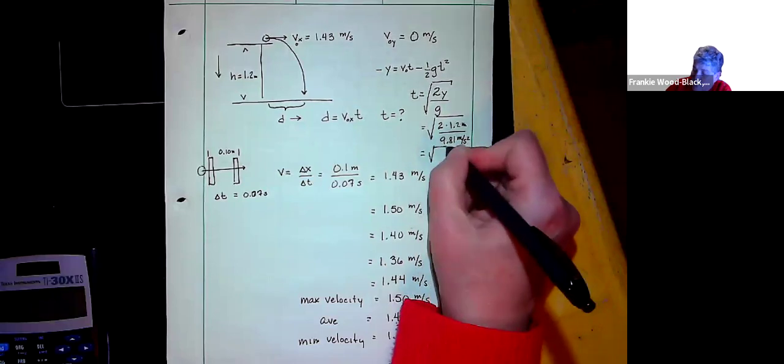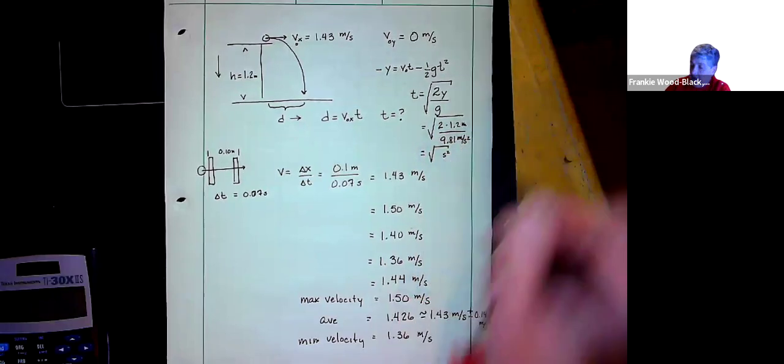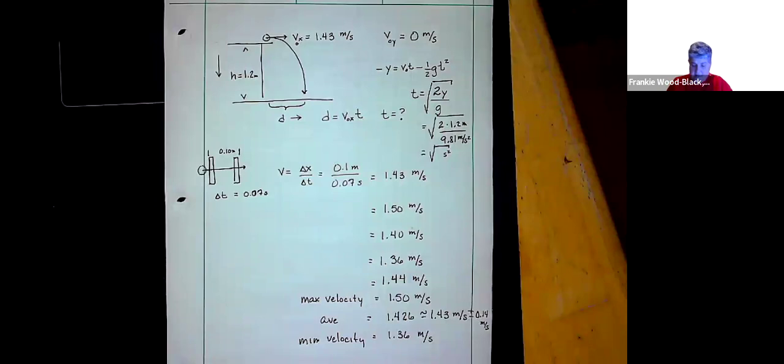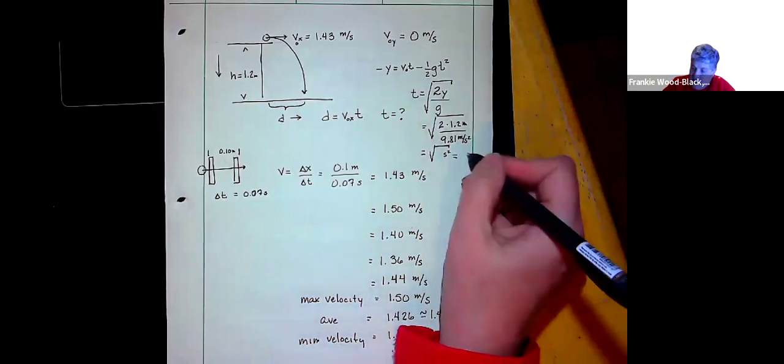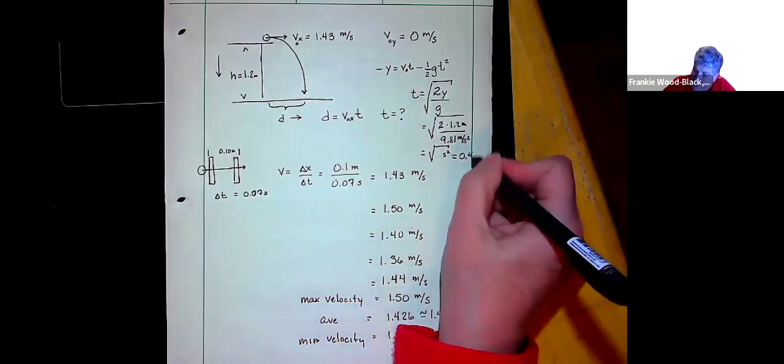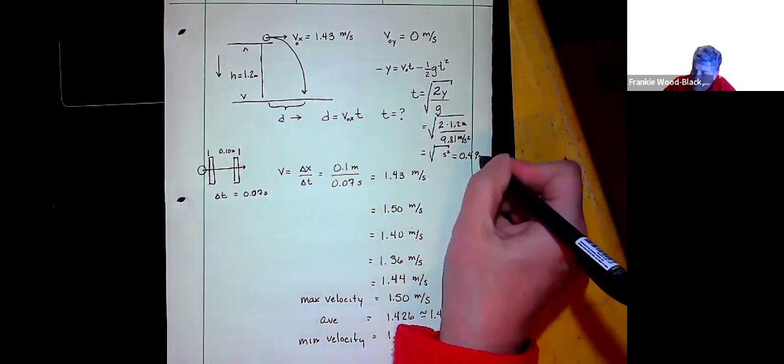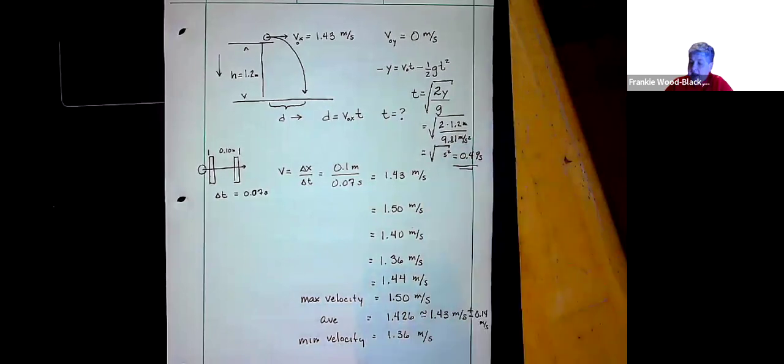So underneath the square root, I've got seconds squared. And when I do the calculation, I get 0.49 seconds. So now I have time.